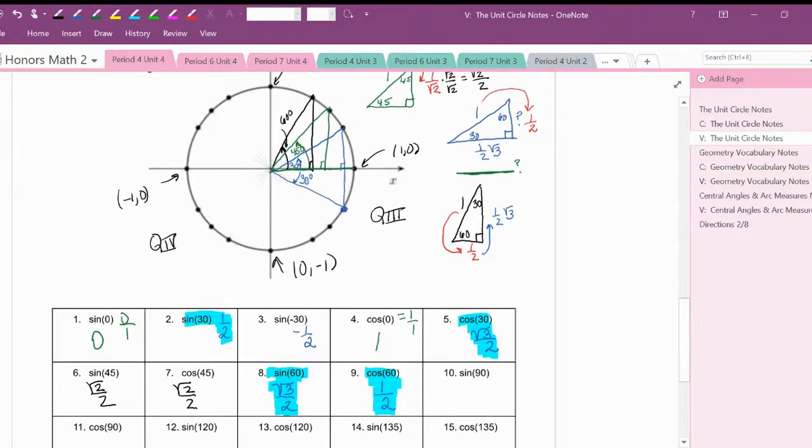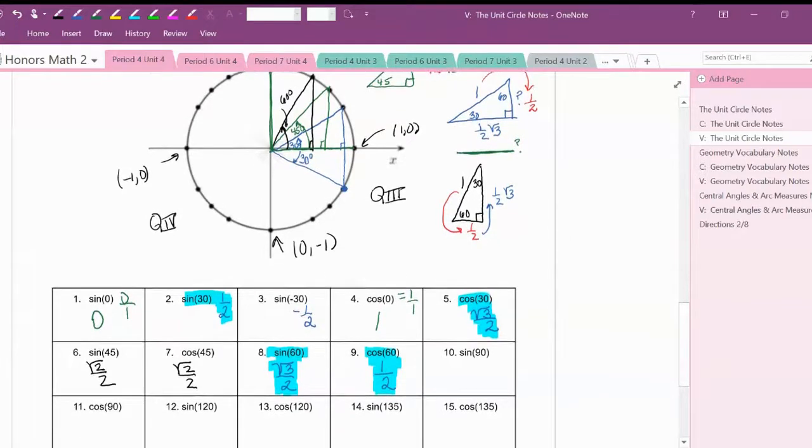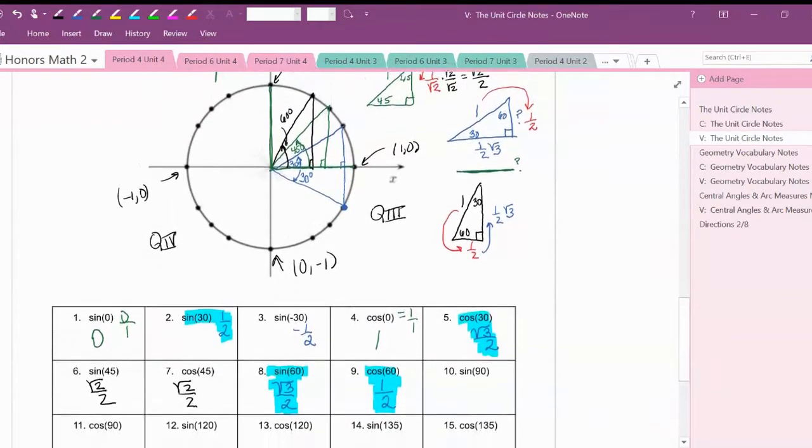Right, now we're going to do the sine of 90. And what happens this time is we have this situation. Okay, the first time we had the horizontal situation, now we have the vertical situation. Okay, this time there is no side adjacent. There is the opposite and the hypotenuse.